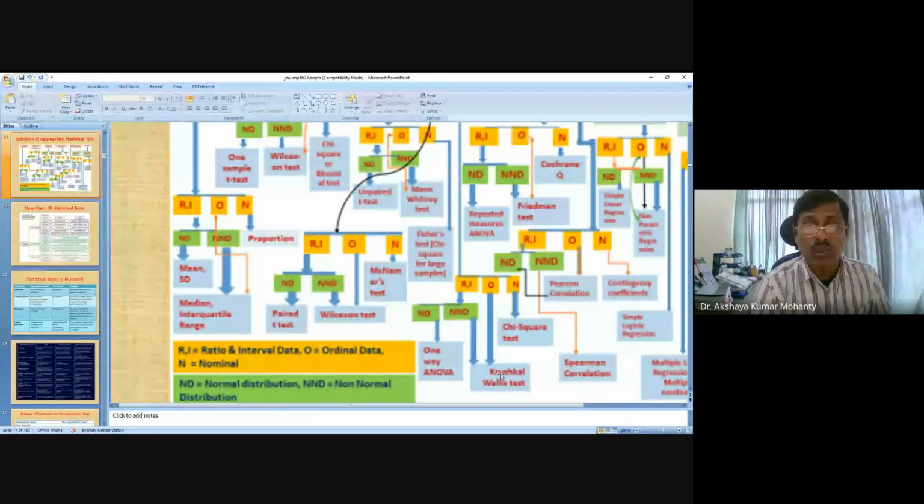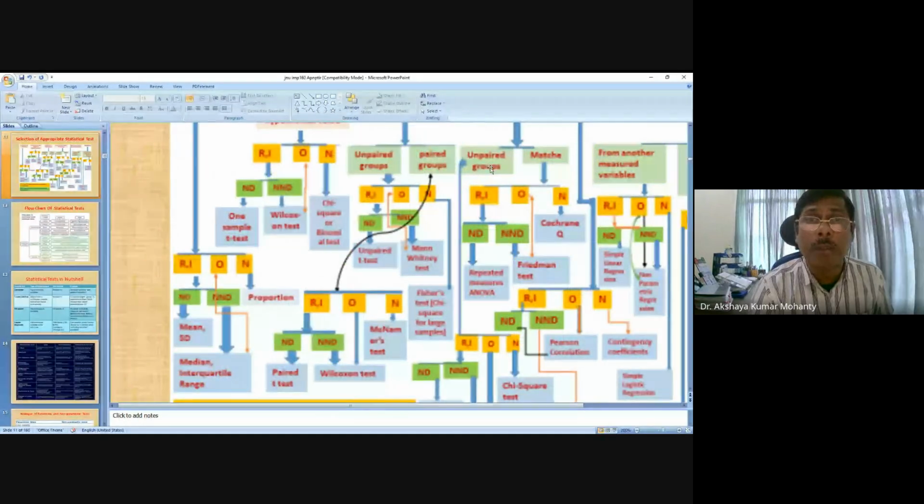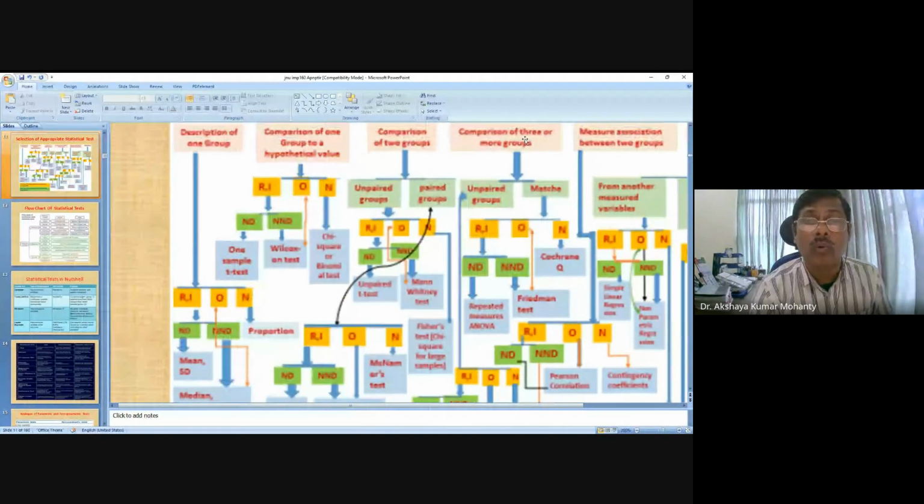That means the Kruskal-Wallis test will be utilized if the data is in the form of ratio, interval or ordinal. But this Kruskal-Wallis test is a non-parametric test, because normal distribution is not achieved, under unpaired groups with 3 or more groups.